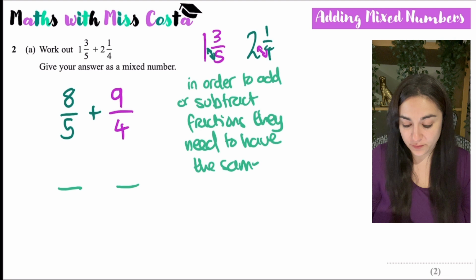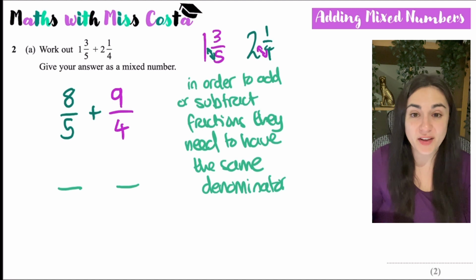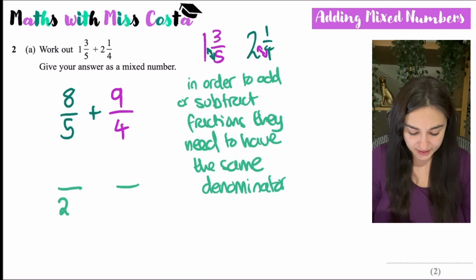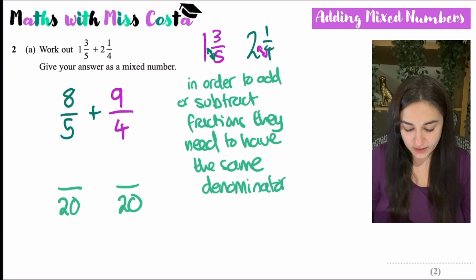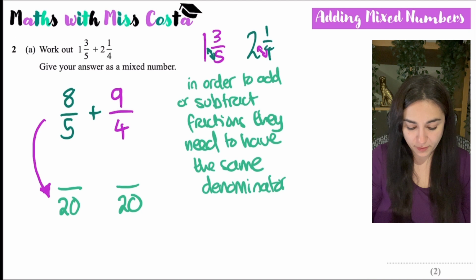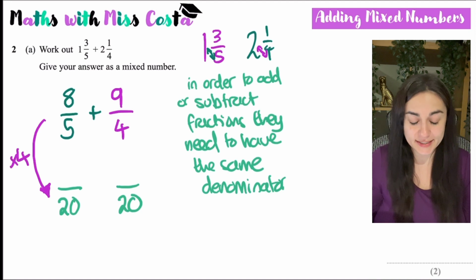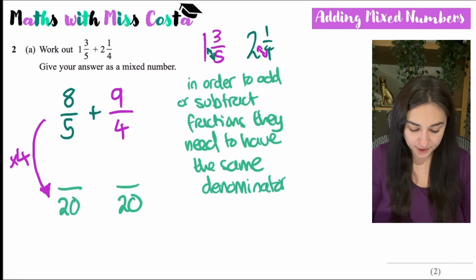Okay, so the way you find the same denominator is generally by finding the lowest common multiple. So the first number that is in the times tables of both 5 and 4, which is 20. So then you think to yourself, what have I multiplied 5 by to get to 20? I've multiplied it by 4. And to keep the fraction in the same proportion, I'm going to have to multiply the numerator by that as well. So 8 times 4 is 32.